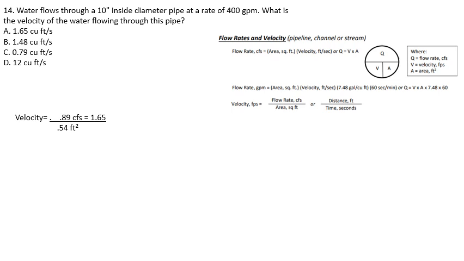All right, question number 15. The hydraulic grade line is located 150 feet above a point in the pipeline. What is the pressure at that point in the pipeline?